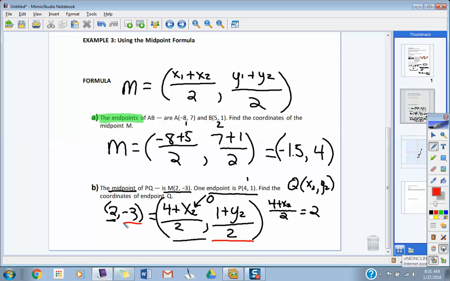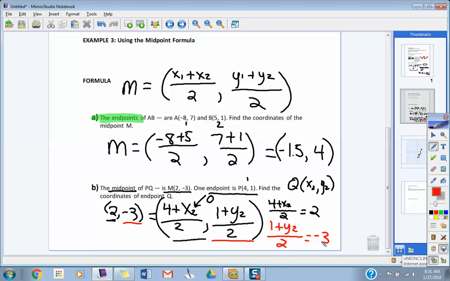Negative 3, right? So we're going to take (1 plus y2) all over 2, and that has to equal negative 3. So help me with this. We've got to get this 2 out of here. So we're going to multiply negative 3 and what? 2. Negative 3 times 2 is negative 6, isn't it?